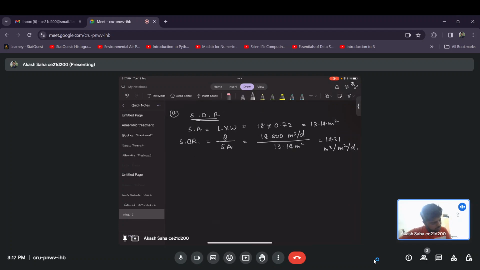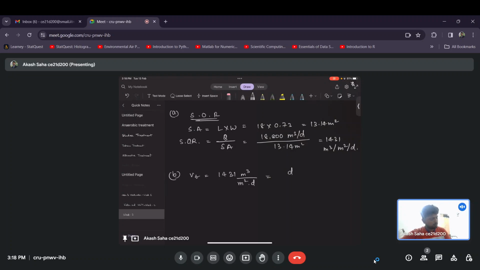Now the velocity, terminal velocity of the particle. So again, it will be same as my SOR. So I will just change the units of this. It is given as 1431 meter cube per meter square per day. I will just change the day into minute.